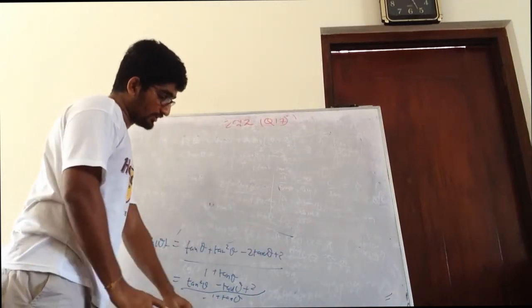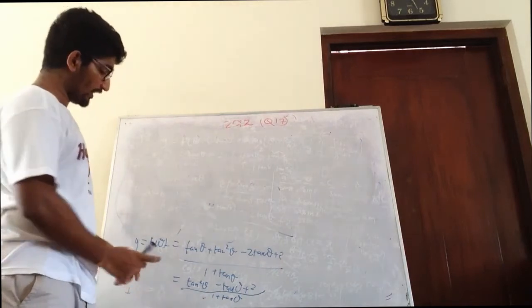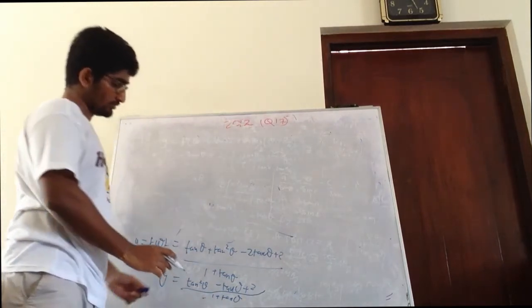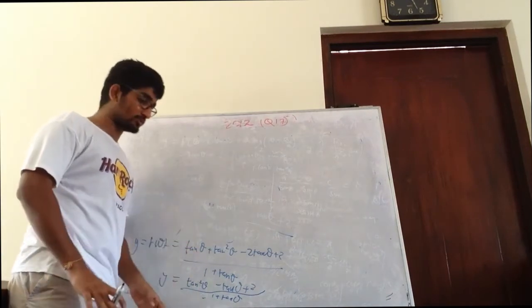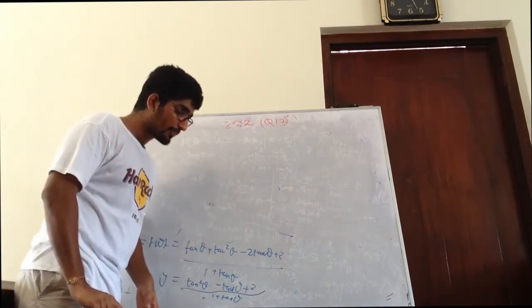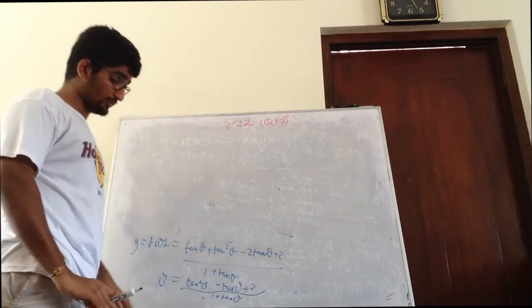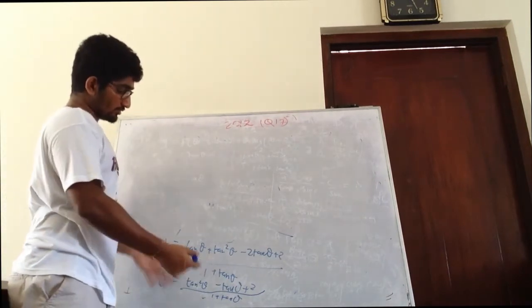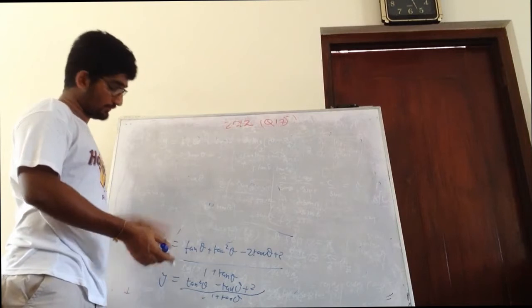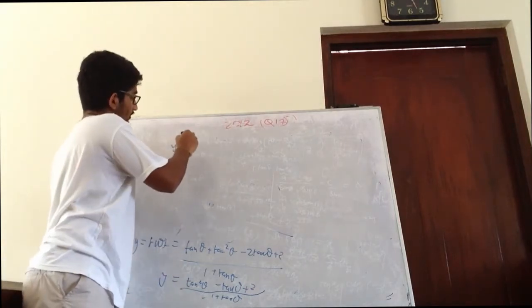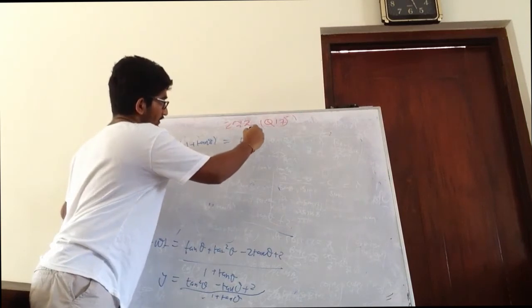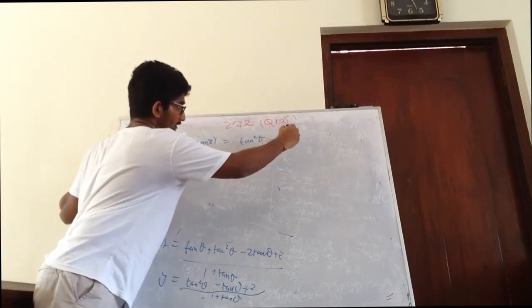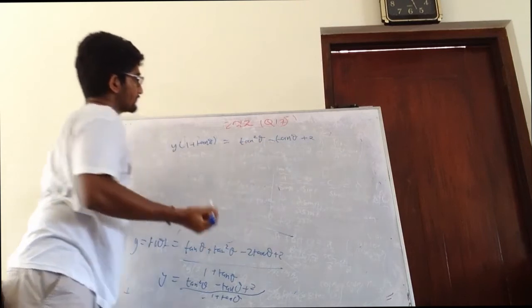Now we need to show this y value holds for all real values of theta. So now I'm going to rearrange this formula. That means y times (1 plus tan theta) is equal to tan square theta minus tan theta plus 2.